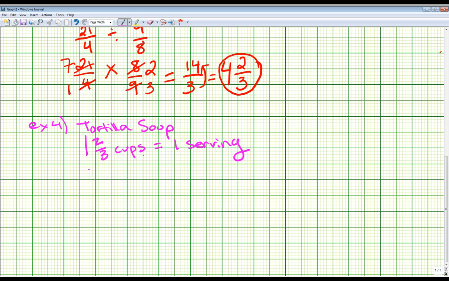It also tells us that there are 50 cups total that the cook is making. And we want to know, can we serve 35 people?